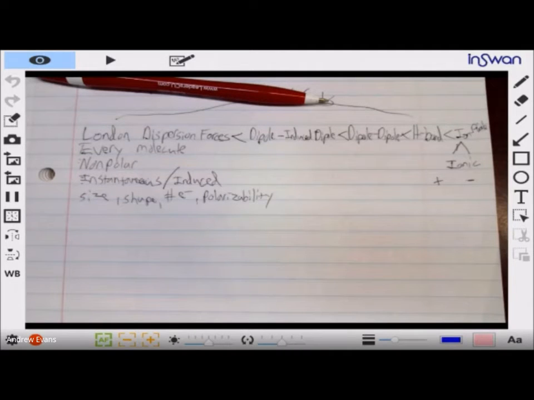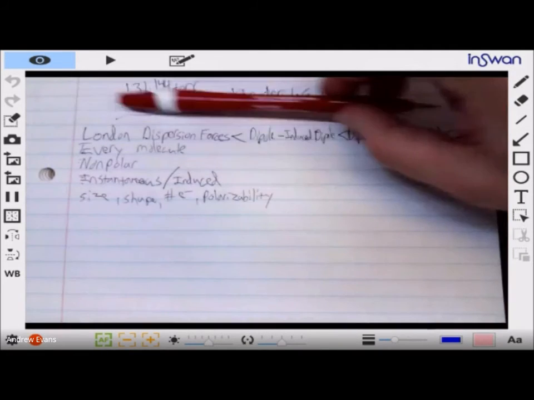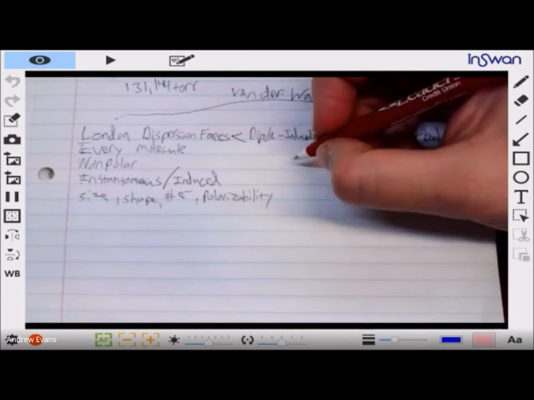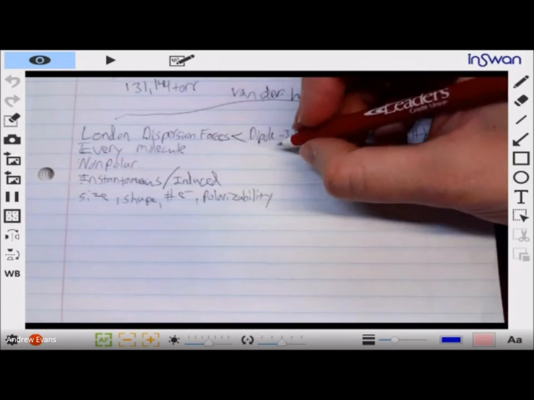That iodine, it's easier to move the electrons to one side or the other, and so induced dipoles and instantaneous dipoles are easier to form. Whenever I talk about just a straight up dipole, we're talking about a permanent dipole moment that occurs when we have polar bonds and a polar shape. So don't forget that.